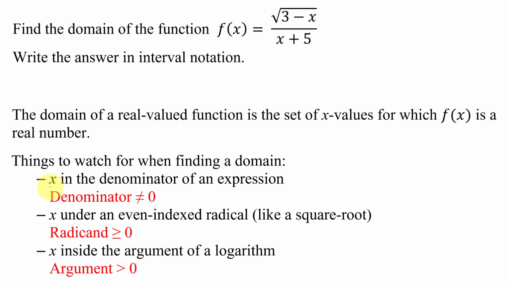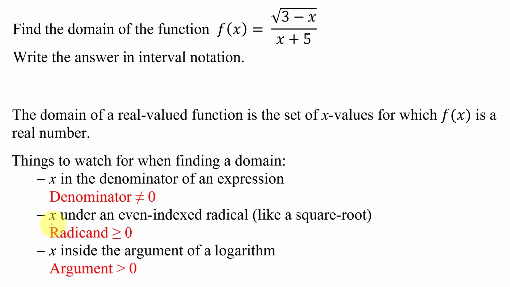The first is if you have x in the denominator of an expression. You don't want to divide by 0, so you're going to exclude values that make the denominator equal to 0.